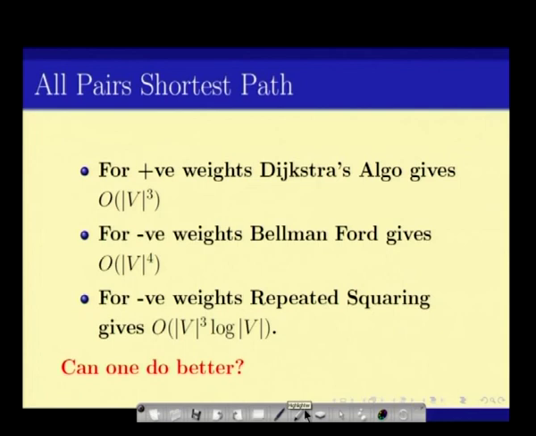Of course, the question is: can you do better? For negative edge weights, can you do order V cube steps? And the answer is yes, we can get V cube steps for all pair shortest path with negative weights. It is again another dynamic programming where we have the definition defined very carefully, so that it will work out.